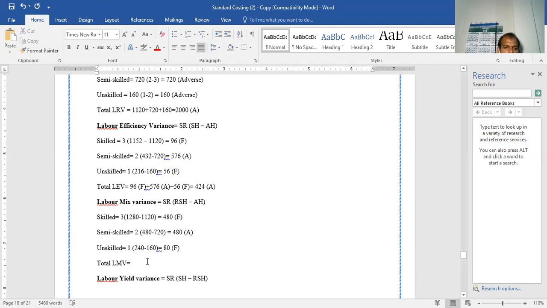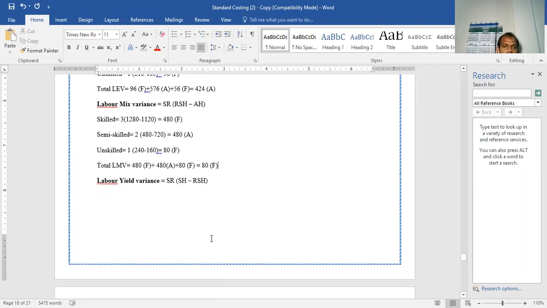So total labor mix variance: 480 favorable plus 480 adverse plus 80 favorable. Finally, the difference between favorable and adverse is 80 favorable variance.